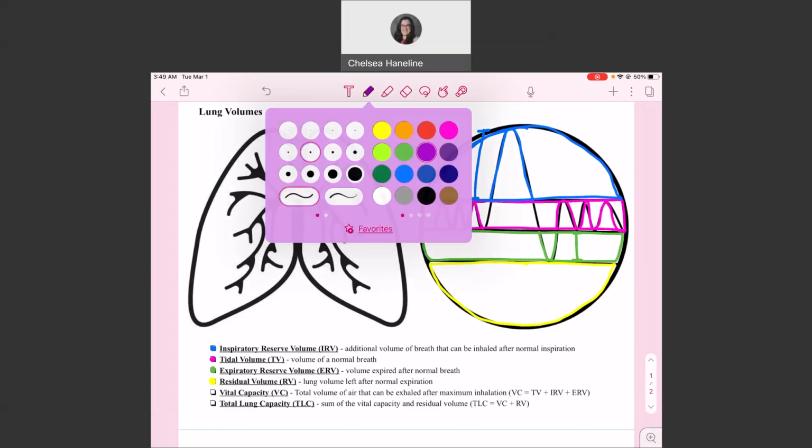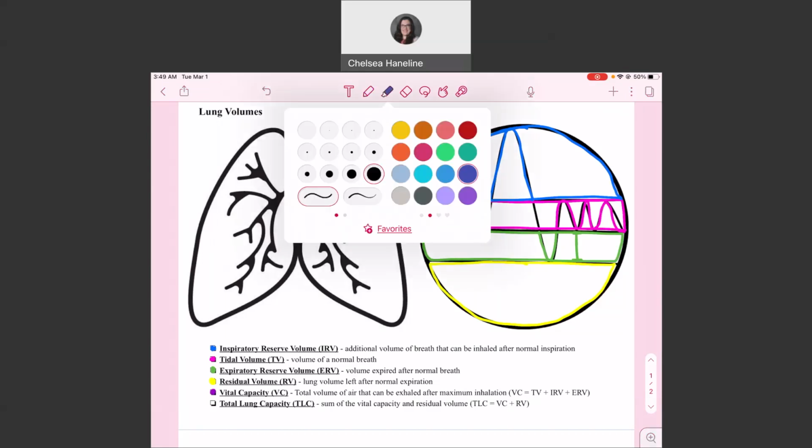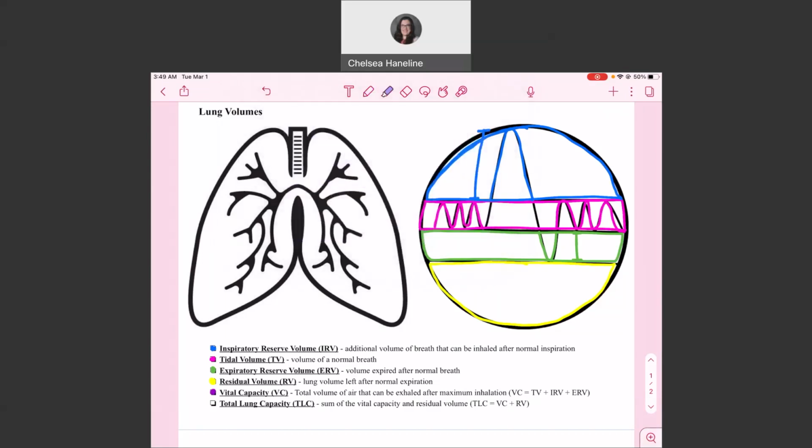Then there are a couple other values that are important when analyzing. The first one is vital capacity. Vital capacity is the total volume of air that can be exhaled after maximum inhalation. It has this equation here: vital capacity equals the tidal volume plus the inspiratory reserve volume plus the expiratory reserve volume.